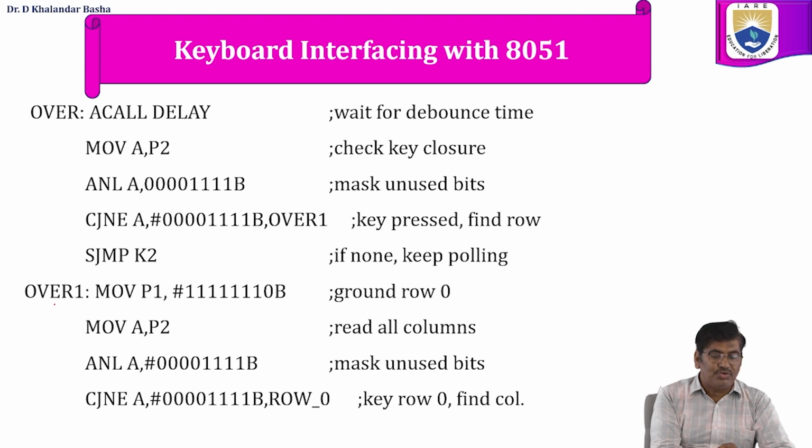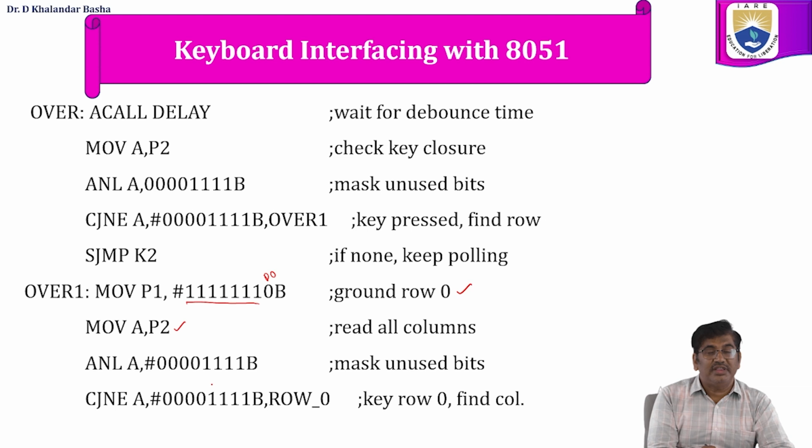When it comes to over 1, we set port 1 with the D0 bit as 0 and the remaining bits as 1. That means here we are enabling only row 0. Then we read port 2, that is, the columns.